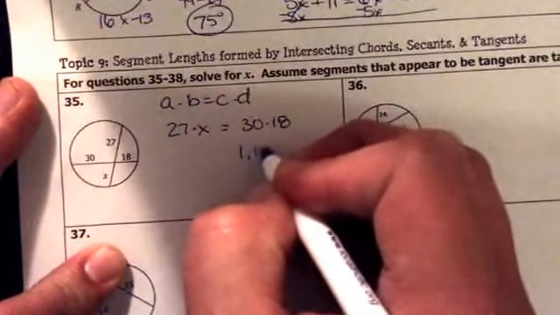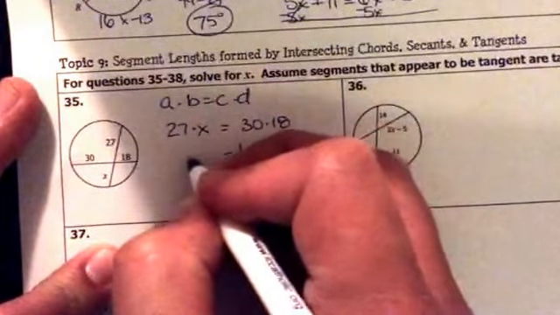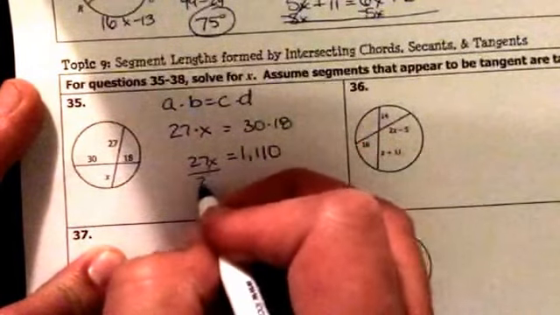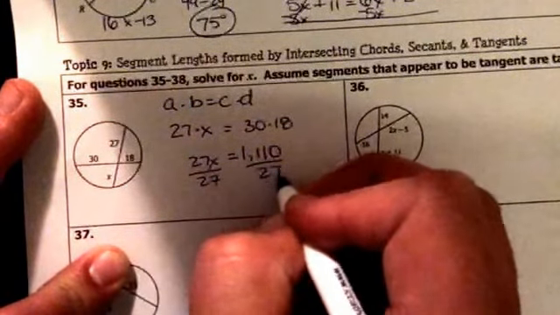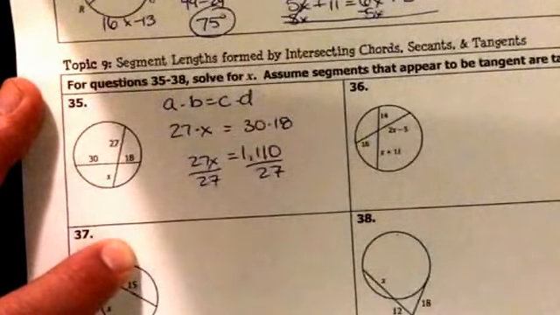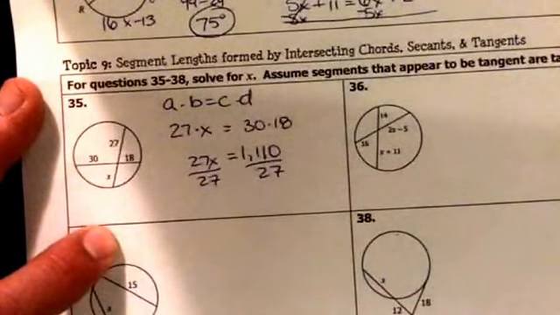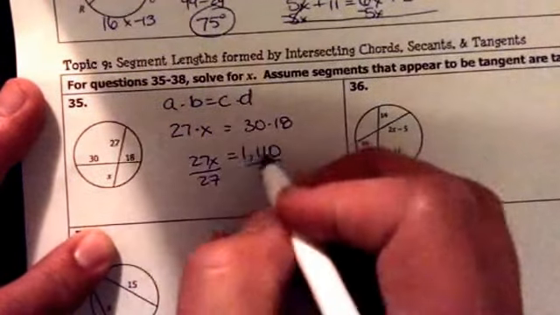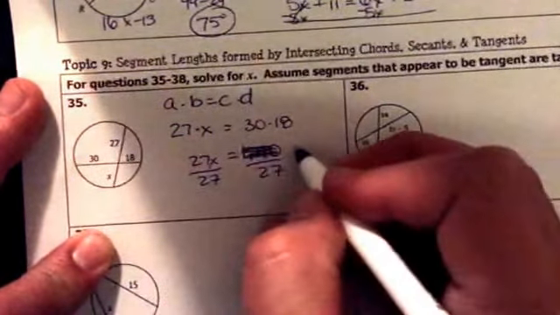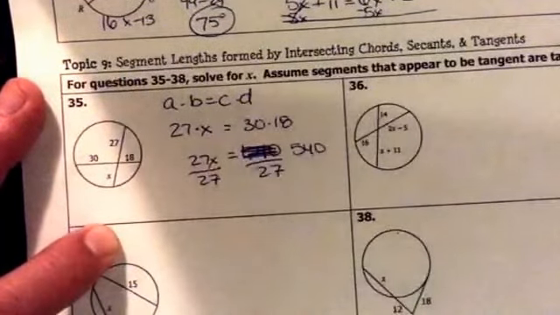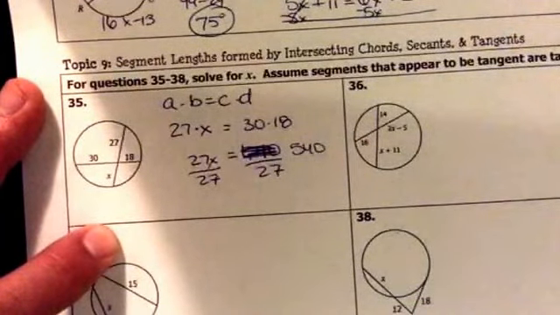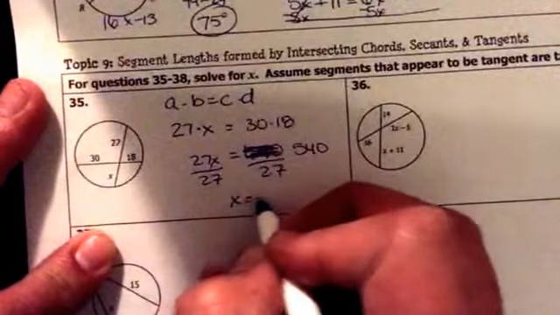That isn't 1,110, it's going to be 540. So 540 equals 27x. I divide that by 27. It's 20. X equals 20.